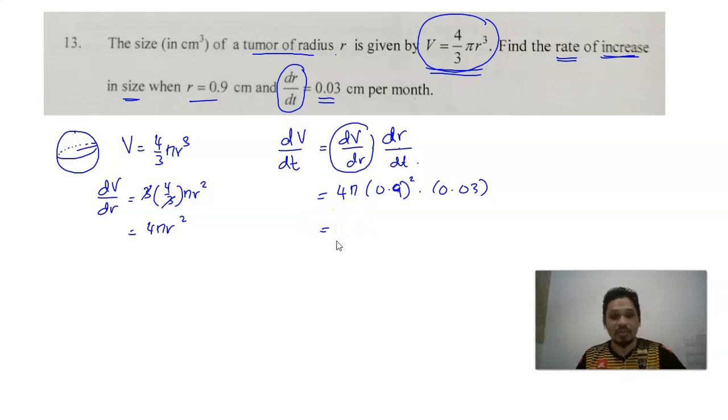So you may strictly use your calculator here. 4 times pi times in brackets 0.9 squared, and multiply with the bracket of 0.03.